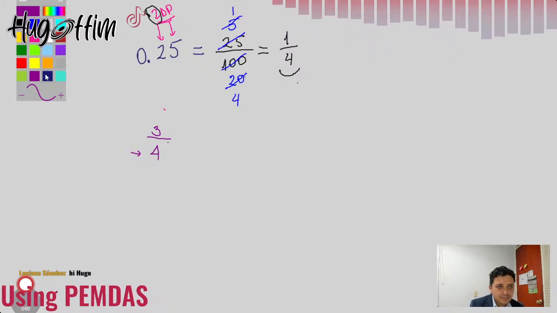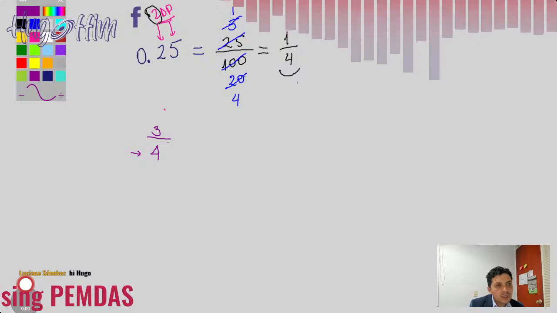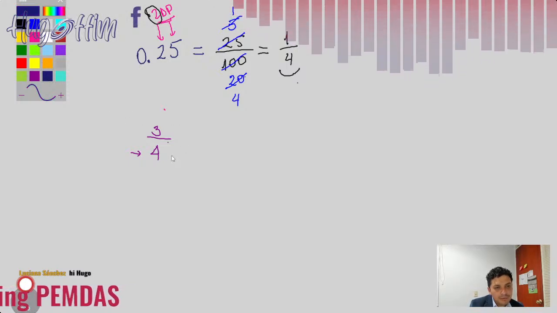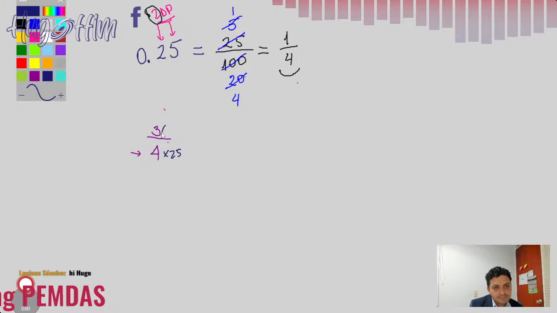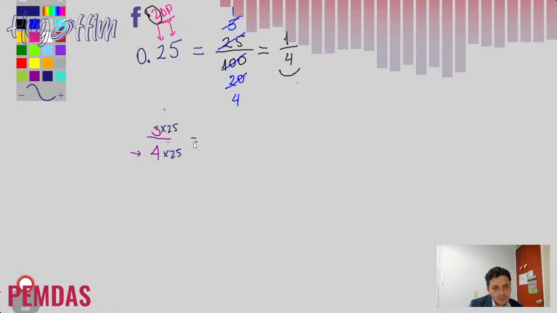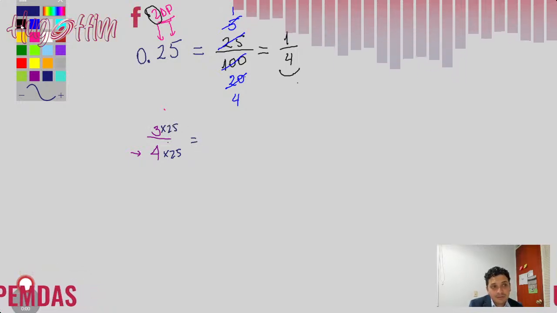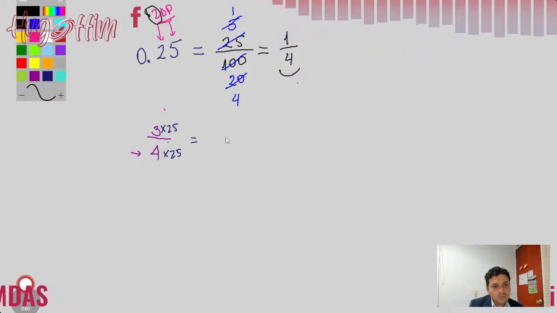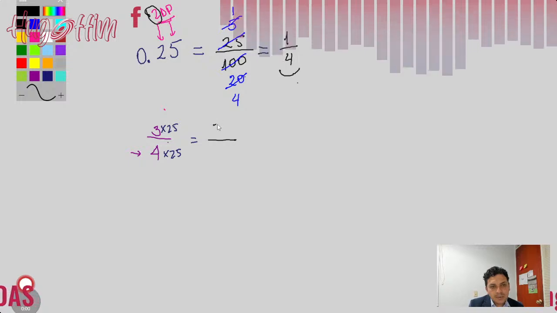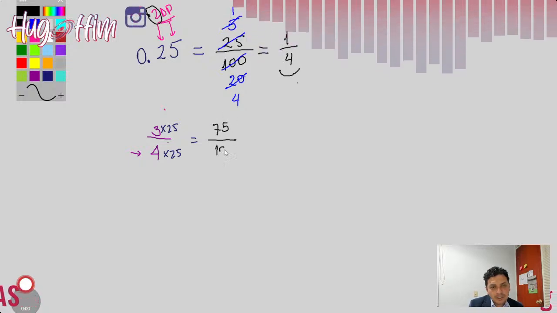So if you multiply 4 times 25 and 3 times 25, because I'm going to amplify the fraction, I'm going to get 75 over 100.